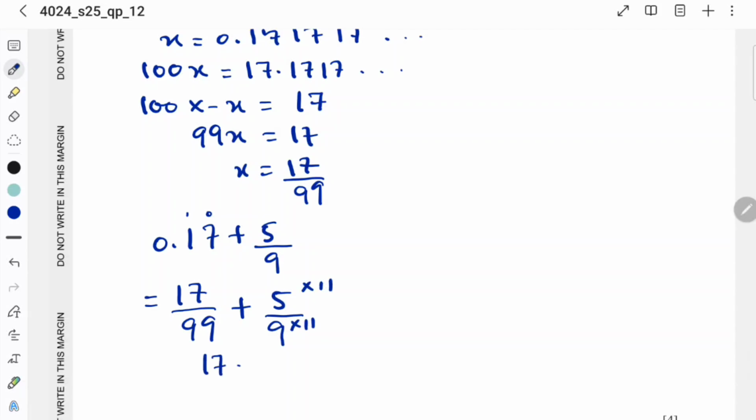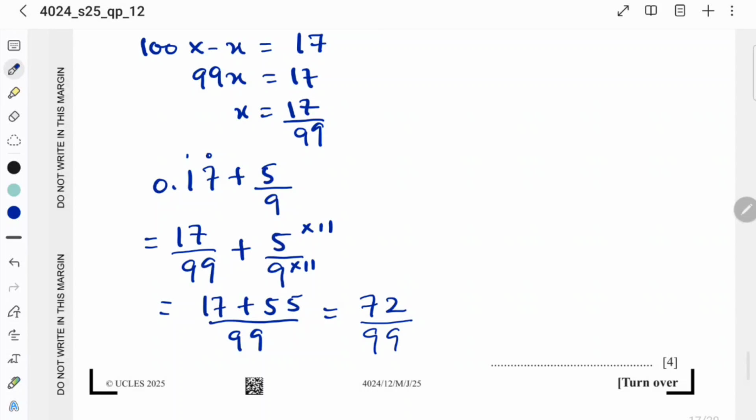So 17 plus 55 over 99, and 17 plus 55 will become 72. So 72 divided by 99. They are both in the 9 times table. You can divide by 3 and then divide again by 3, and you get the same number. So we are going to divide both by 9. 9 times 8 is 72, and 9 times 11 is 99, so 8 over 11 is the answer.